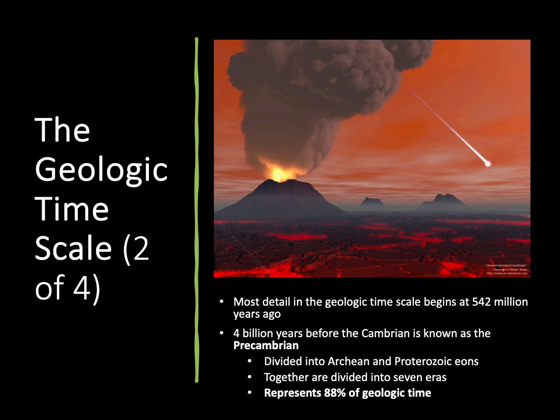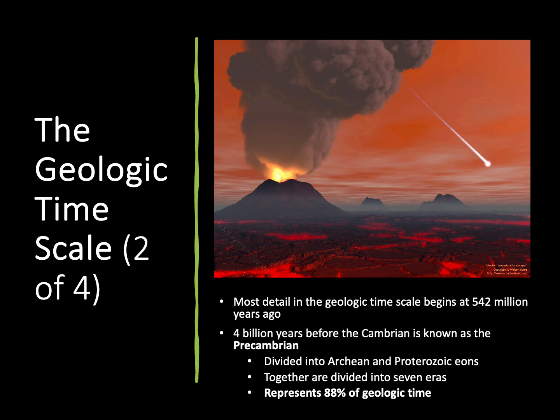For a long period of time, we didn't have solid rocks above the surface, or we would go through hundreds of millions of years with constant rainfall. So with the Precambrian, again, this is 88% of all of geologic time. It's broken down into smaller periods of Earth history as well, but we're not going to focus on those.